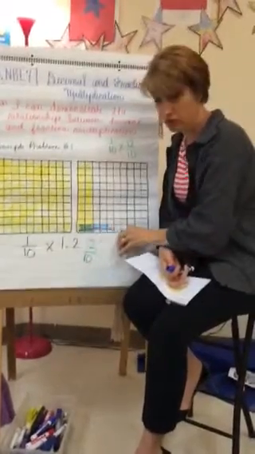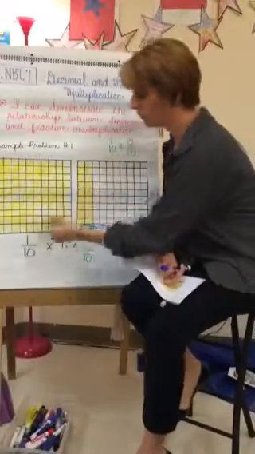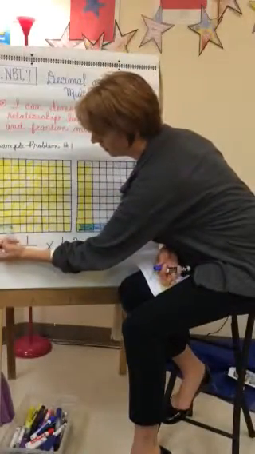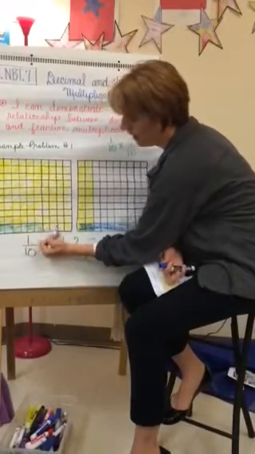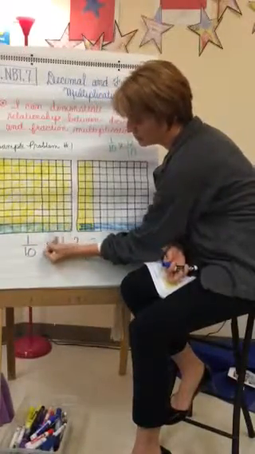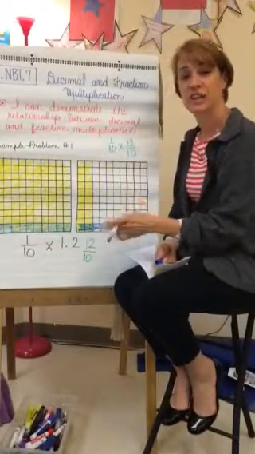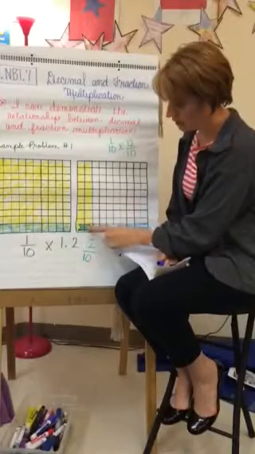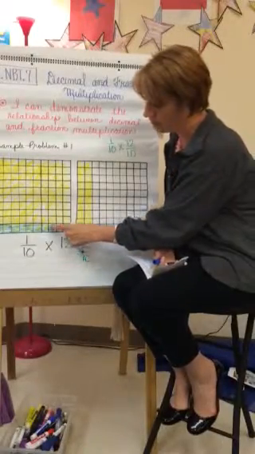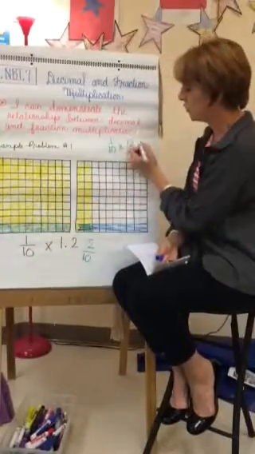You could do both. They would go all the way across if need be, because some students like to see both. And then they can simply count the ones that have been shaded in both yellow and blue. And they are 1, 2, 3, 4, 5, 6, 7, 8, 9, 10, 11, 12.